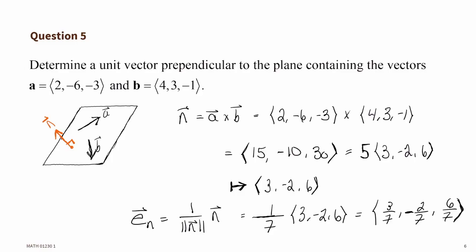Two acceptable answers: that answer or the negative of it. It just depends on how you did the cross product, A cross B or B cross A. Even if you left that 5, so you use the 15, -10, 30, when you normalize it, you're still going to get the same vector.